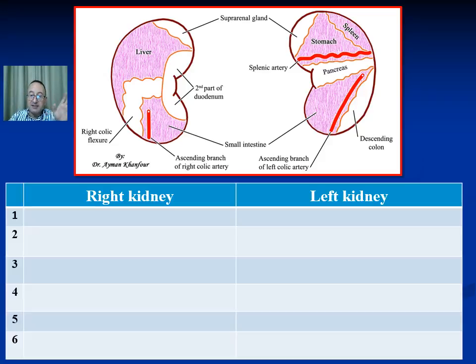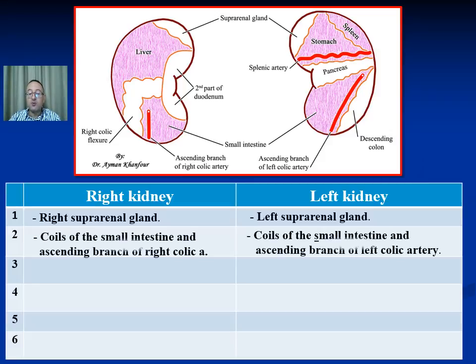Upper and medial part related to suprarenal gland. Lower and medial part related to coils or loops of small intestine. But in addition, on the right side, I have ascending branch of right colic artery. On the left side, I have ascending branch of left colic artery.